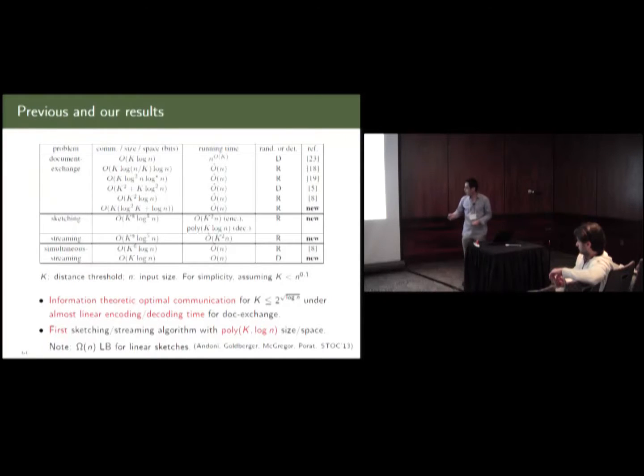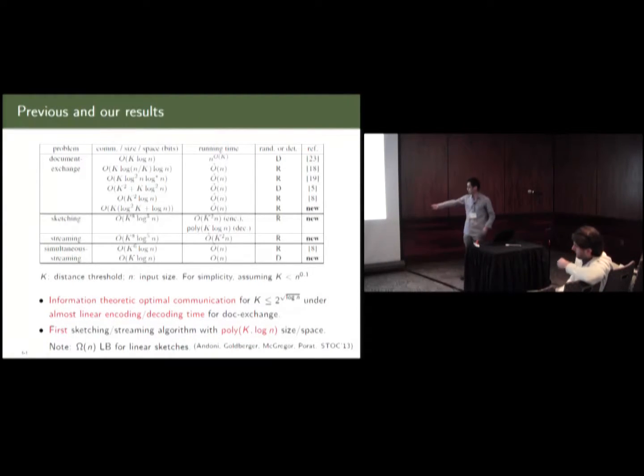Okay, and for sketching, we don't know much previous work. This is the first sketching algorithm with poly(k) log n size. Previously, if we wanted the sketch size to be linear, there's a linear lower bound. Even if you want to differentiate whether the distance is at most 2 or more than 4, you basically have to keep the whole string in the sketch.